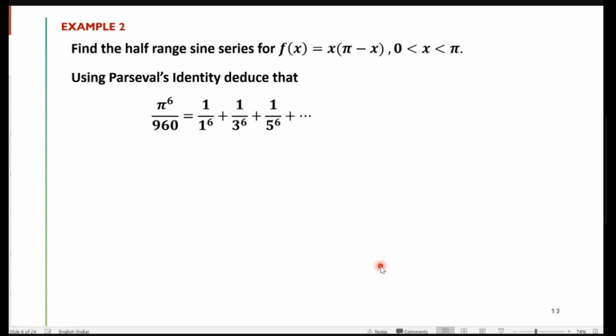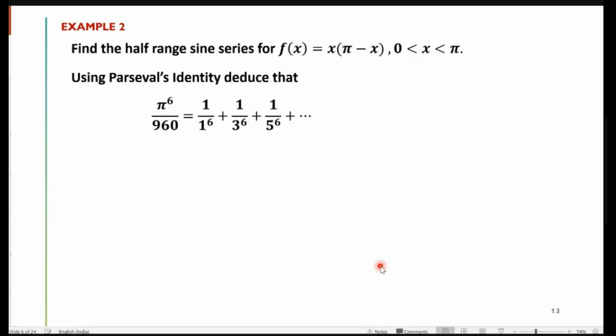So we have to calculate half range sine series, which means only Bn is to be calculated. So calculating Bn for this function and then using the Parseval's identity for half range sine series, we have to get this result. So first we have to find Bn. The interval given is 0 to pi.